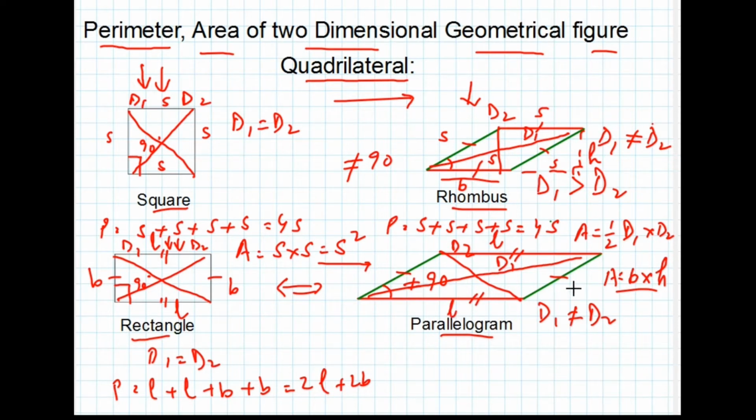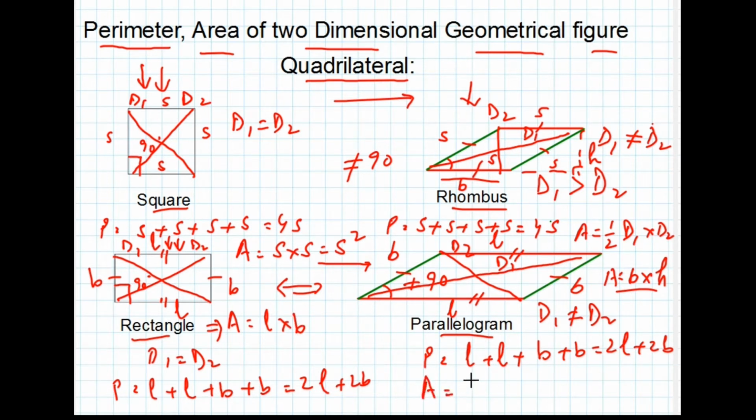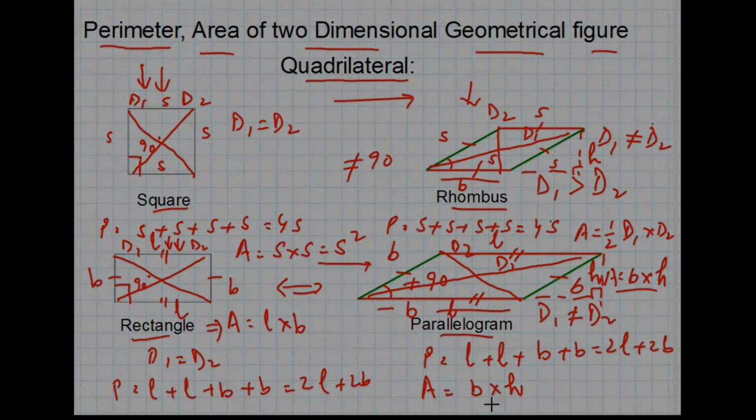Perimeter of a parallelogram is equal to L plus B plus L plus B, is equal to 2L plus 2B. Area of a rectangle is equal to length into breadth, that is L into B. Area of a parallelogram is equal to base into height.